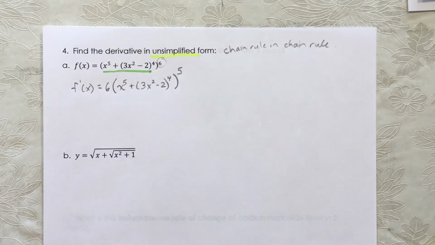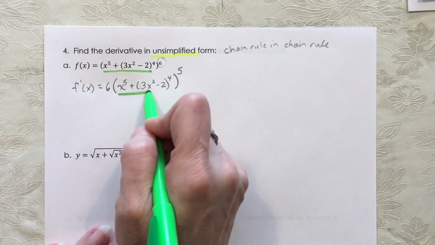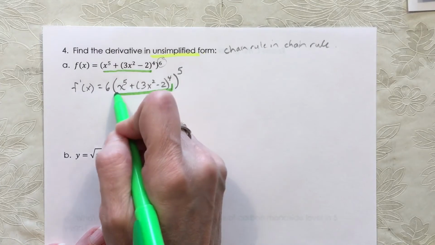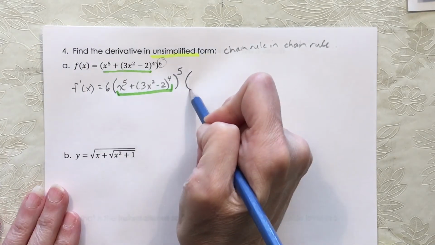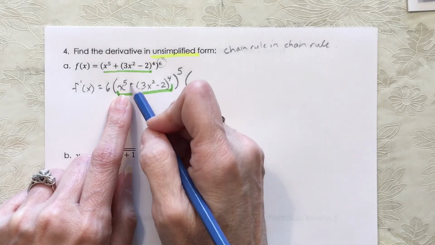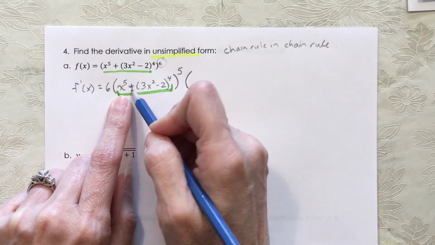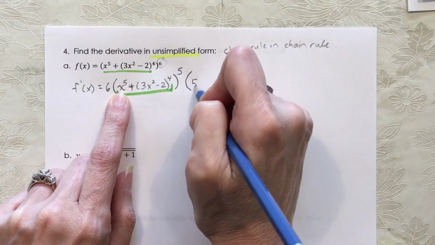So there's our outer derivative. But now we have to multiply our outer derivative by the derivative of what's inside. So we've got a sum here, so we can take the derivative of each part of the sum. The derivative of x to the 5th is 5x to the 4th.